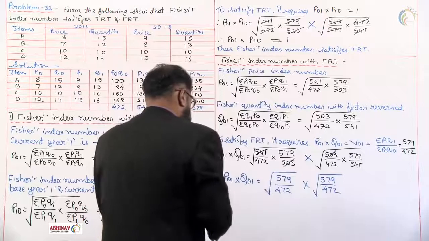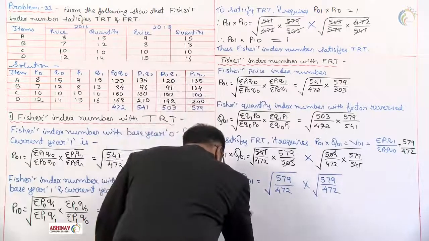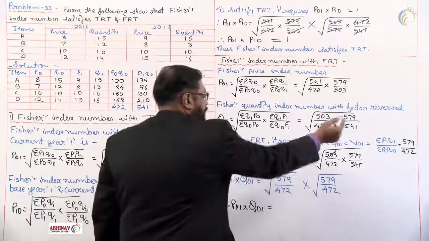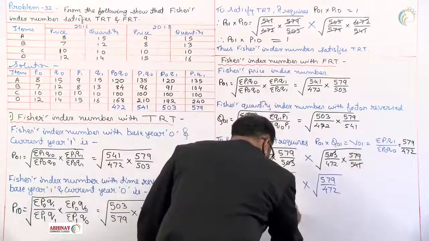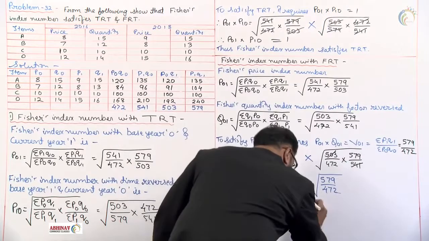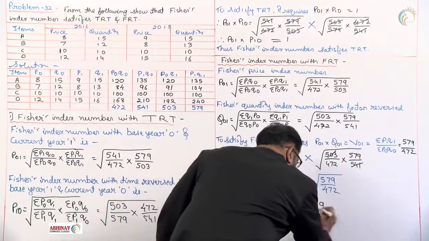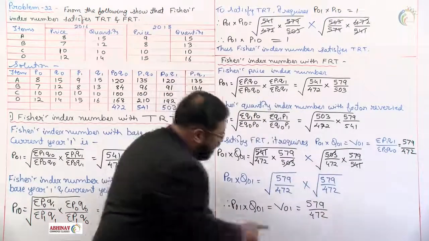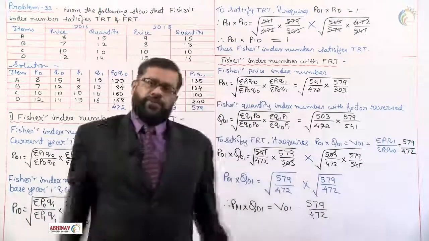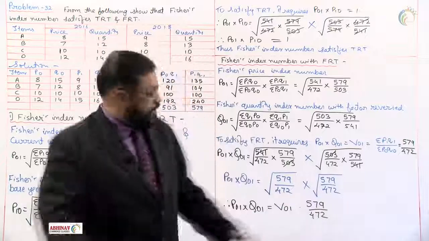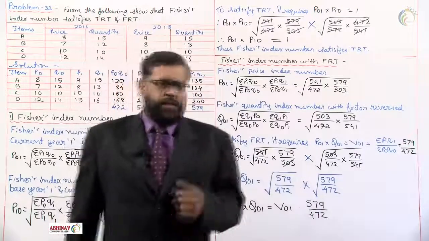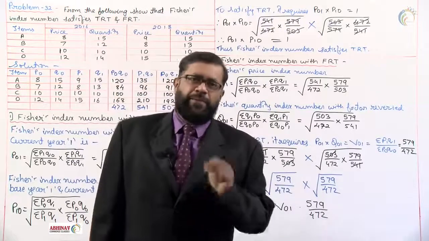What we want is, when you multiply P01 by Q01, the answer should be equal to the value index number, which we have taken as 579 upon 472. Now, is it equal to this or not is what we have to check. See, the numbers in the root are the same. So how do we solve it? We find the root of that and then we multiply.